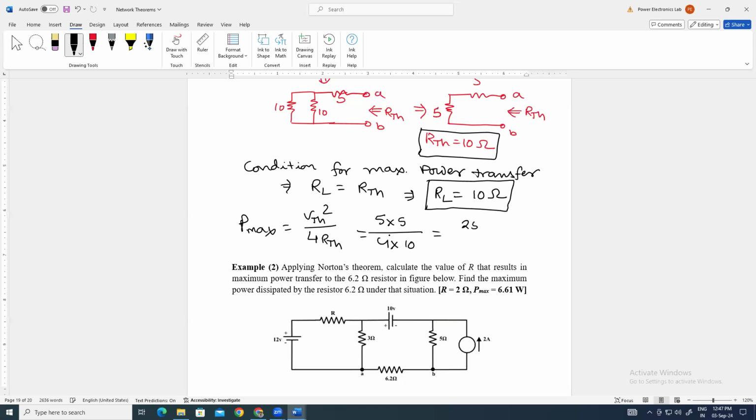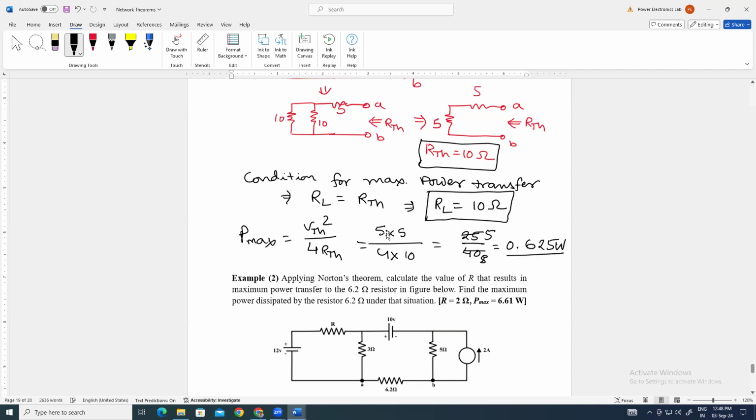So 25 divided by 40, that is 5 by 8. 5 by 8 means 0.625 watt. That will be the maximum power.